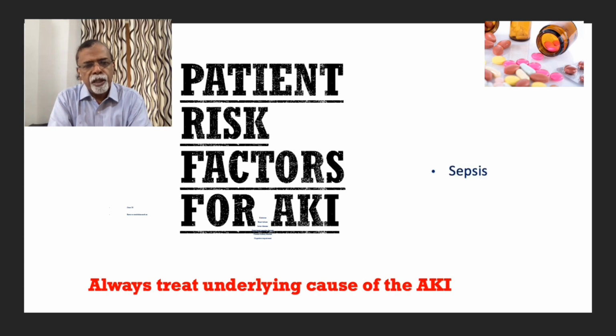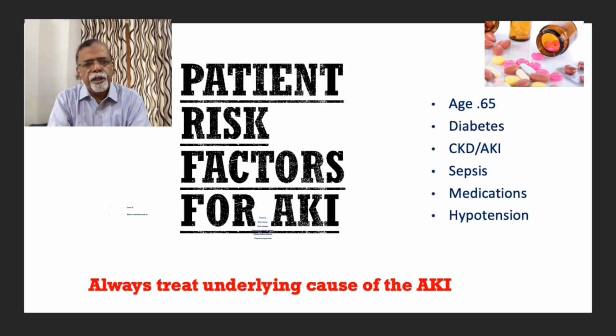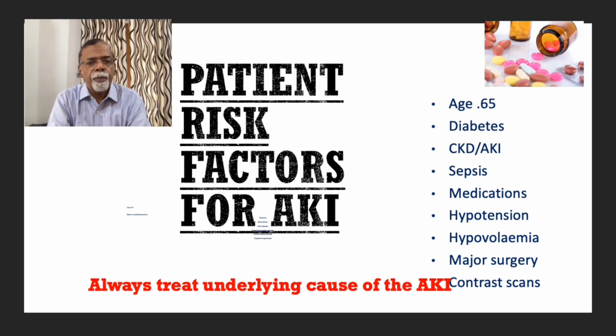So now we should think about the risk factors for acute kidney injury. One is age. Anybody above the age of 65 is at risk. People with diabetes mellitus and hypertension are at risk, especially when they undergo a major surgery, develop hypotension, develop sepsis, undergo contrast scans, or take various medications.